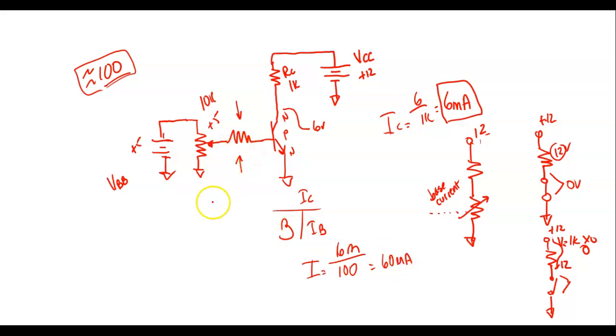So I want to calculate a resistor that's going to drop 4.3 volts. R is equal to V over I, 4.3, because we're putting 5 volts on that side and the transistor drops about 0.7. 4.3 divided by 60 micro.